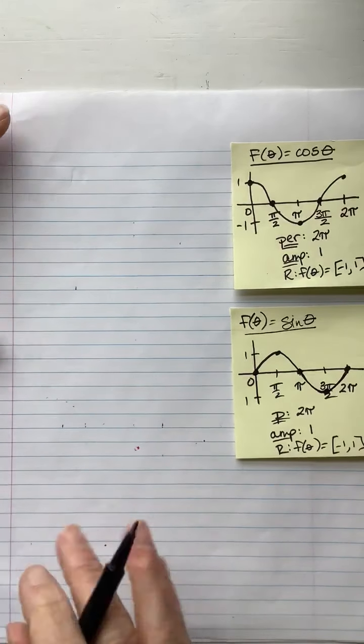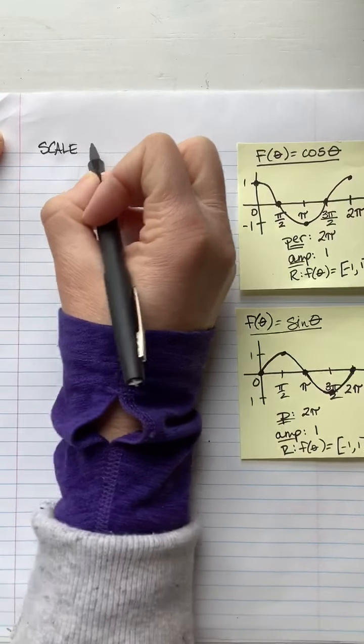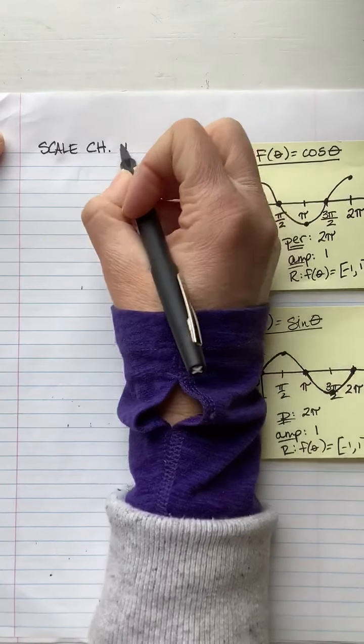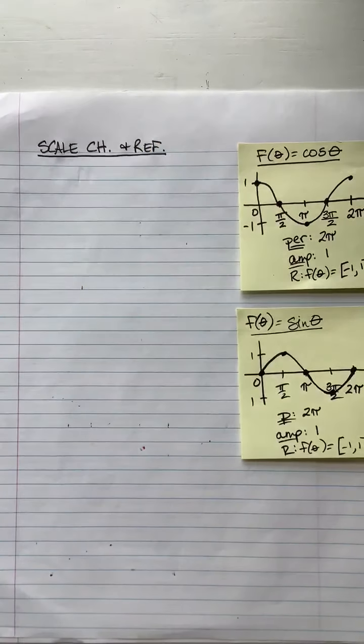And on page 2, I'm now going to transform these functions. We are going to look at today some scale changes and reflections. Because of course, transformations work on every function, and that includes trig functions.